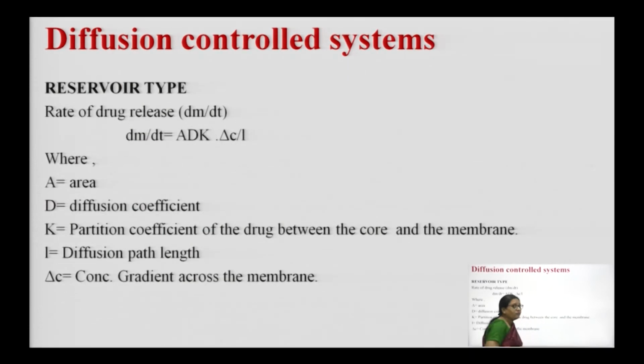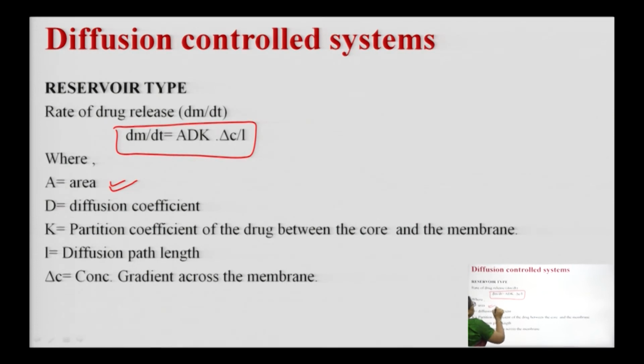The rate of drug release in such systems is mathematically represented by the equation dM/dt = A D K ΔC / L, where A represents the surface area available for diffusion.